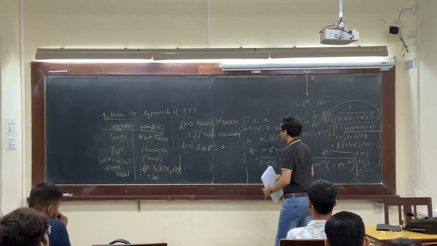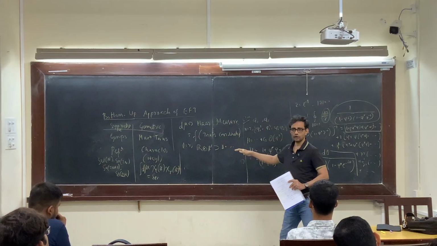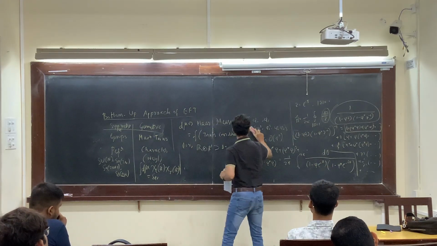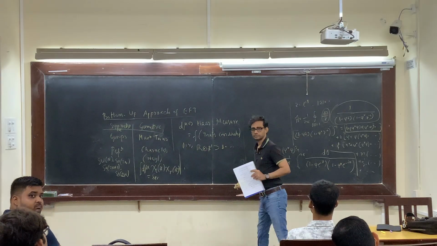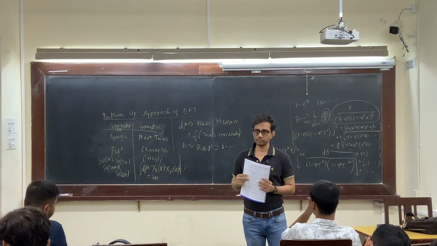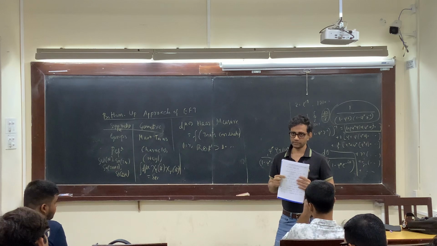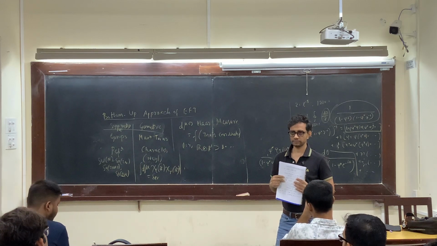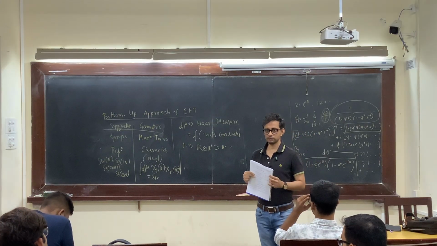Now, let me translate in terms of representations what is going on in the back of the envelope. U(1) cross U(1) is a subgroup of it, a maximal subgroup. When you're constructing representations, why are you using the maximal subgroup?